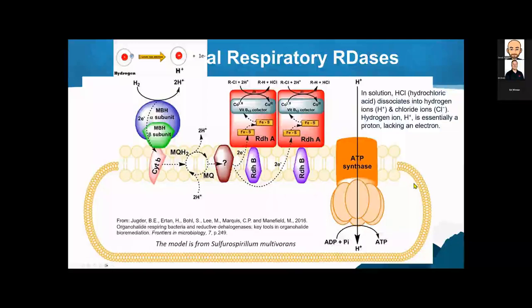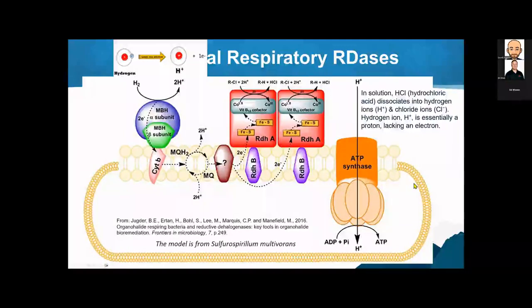Notice that vitamin B12 is central to that reductive dehalogenase. And then as the chlorinated compound, which is represented by R-Cl, is reduced, you make HCl. And of course, that's dissociated in solution, so you have free hydrogens.